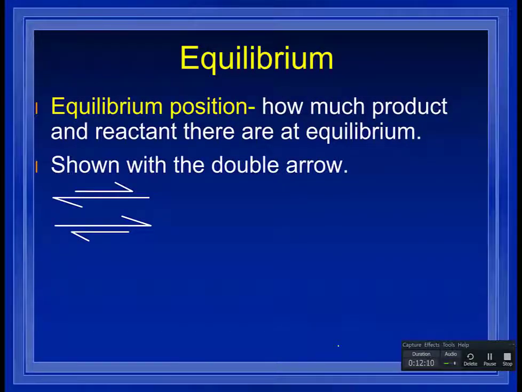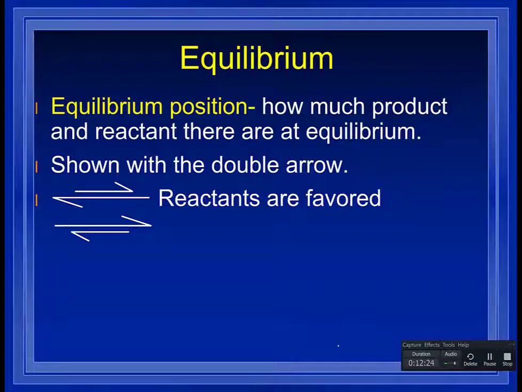And we can tell you where the equilibrium position is based on how we draw the arrows. So you see on this first set of arrows, I'd left the top one small, made the bottom one big. That means the reverse reaction is faster than the forward reaction. And if that's true, when I'm done, if the reverse reaction is faster, I'm going to end up with more reactants than I do products.